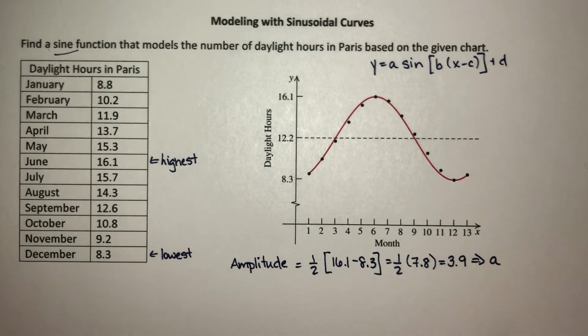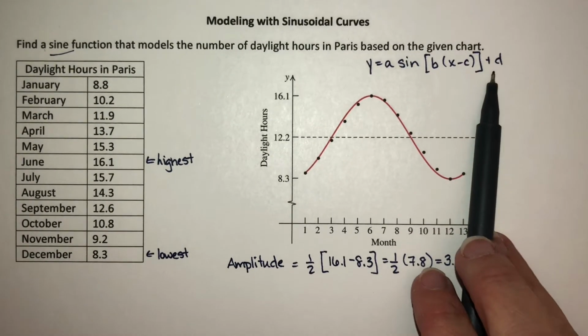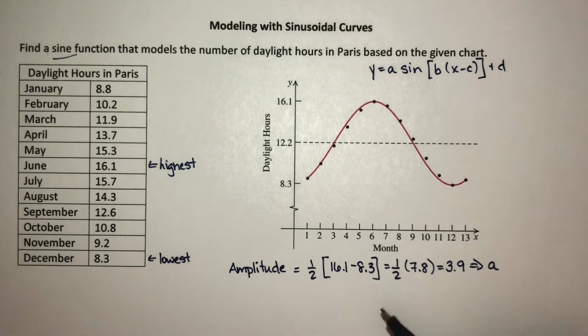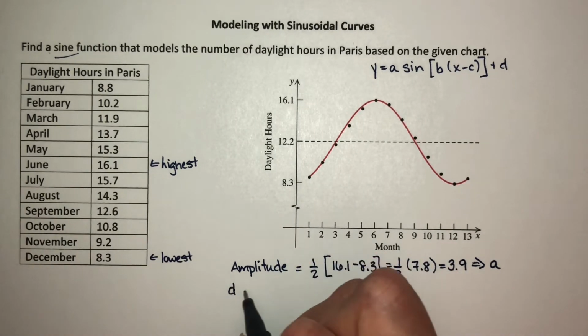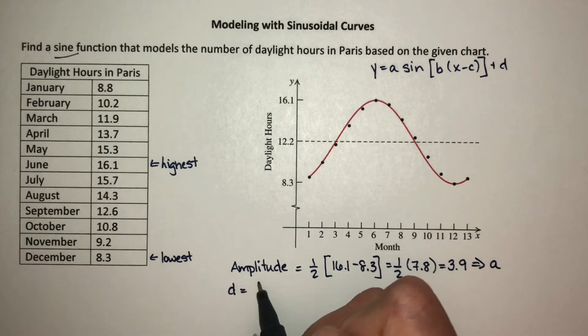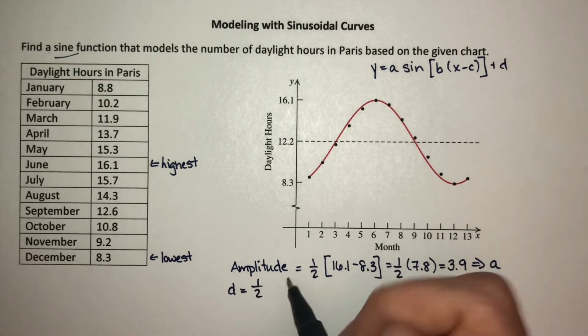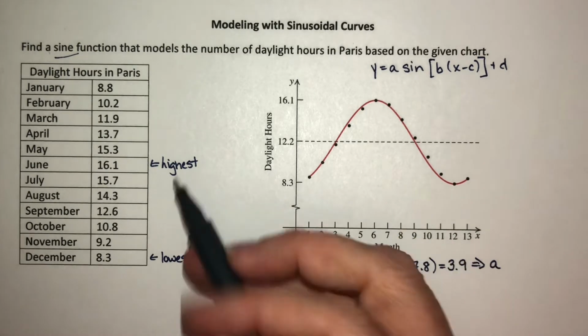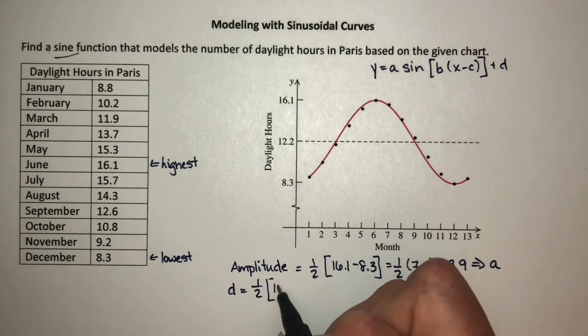Now to find D, we're going to find the average of our highest and lowest values. It's like the amplitude, except we add these values together, so we add them up and divide by 2.